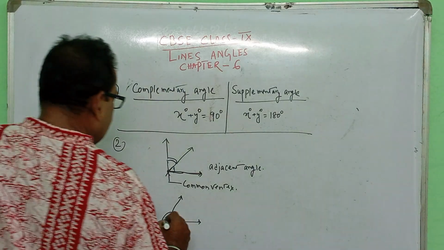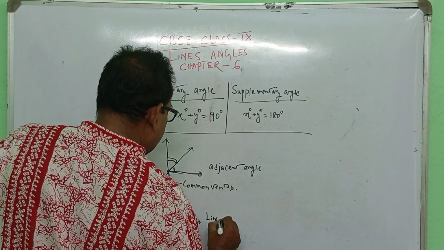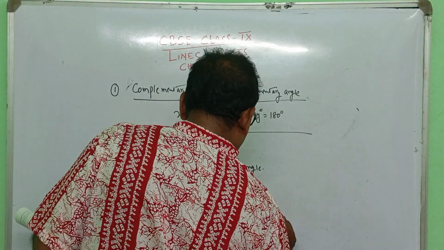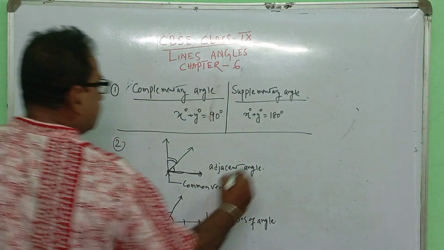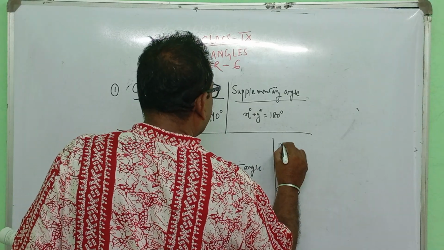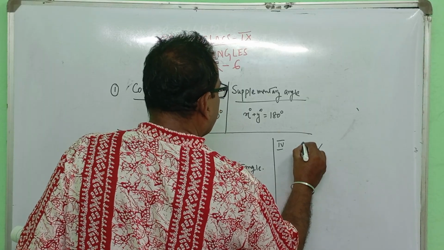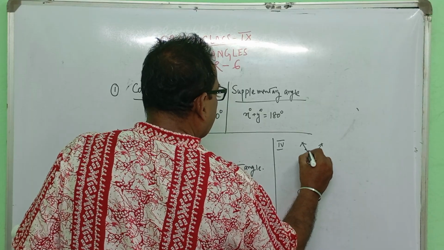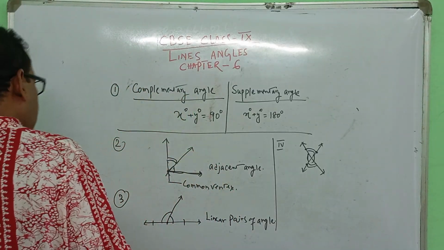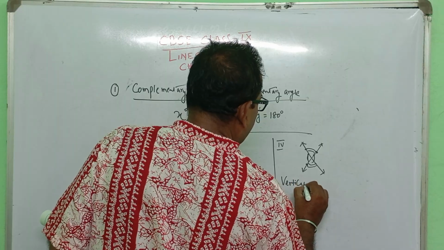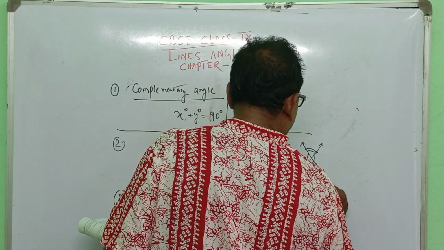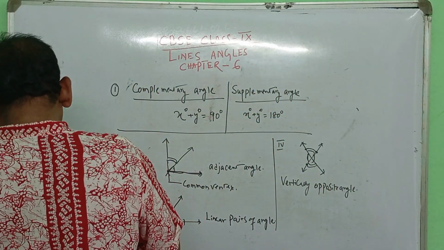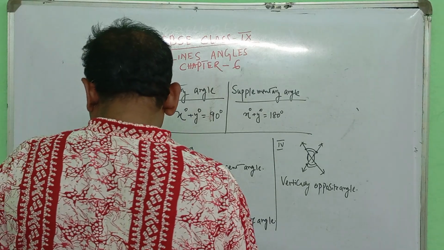Now this is a line, it's a linear pair of angles. Now these two angles are called vertically opposite angles.